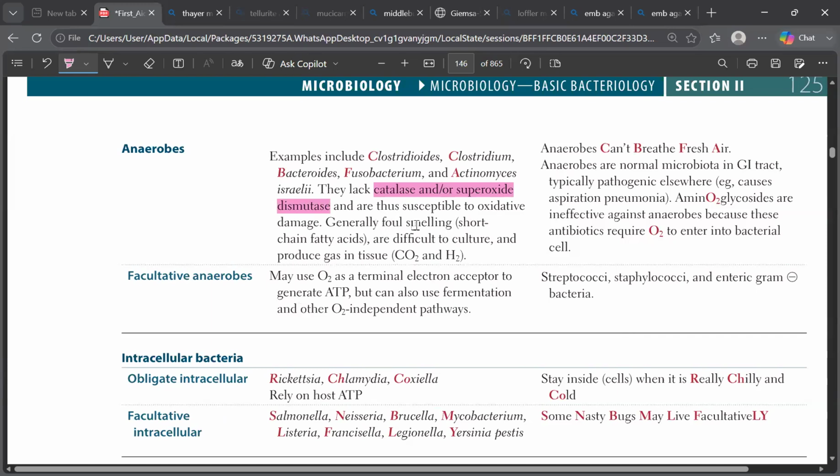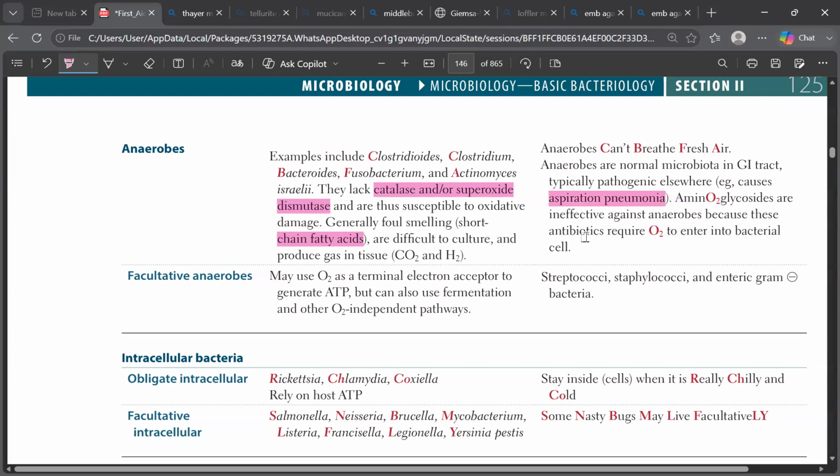They generally have a foul smell. Short chain fatty acids cause this foul smell, and they're difficult to culture and produce gas in the tissue, for example, carbon dioxide and hydrogen. Anaerobes cannot breathe fresh air. Anaerobes are normal microbiota in the GI tract. They're typically pathogenic elsewhere. For example, they cause aspiration pneumonia.